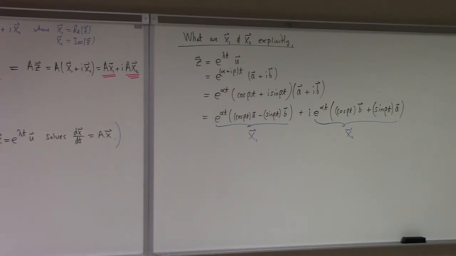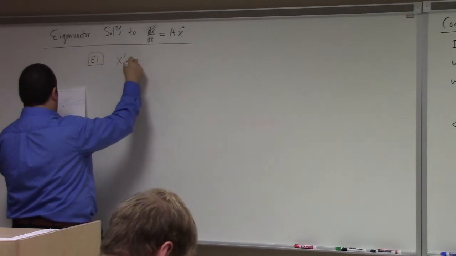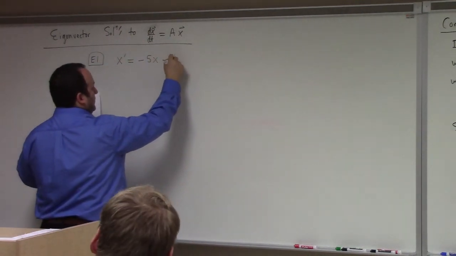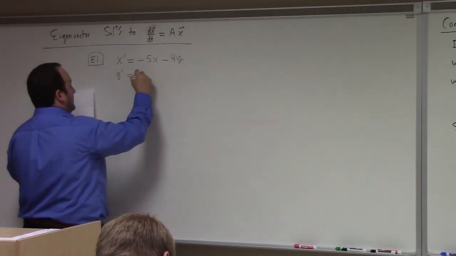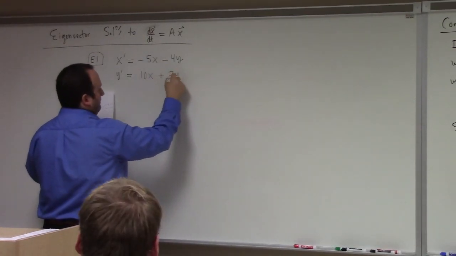Example 1. Let's look at x prime equals minus 5x minus 4y and y prime equals 10x plus 7y.